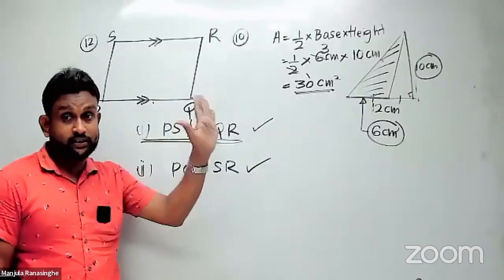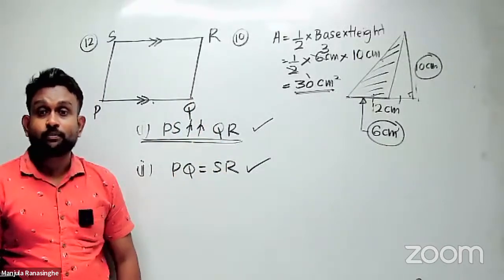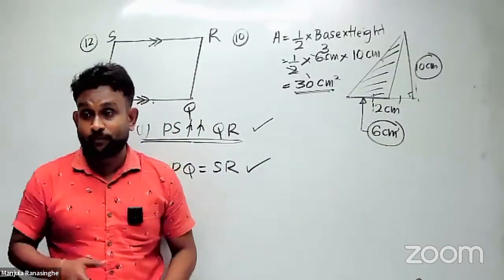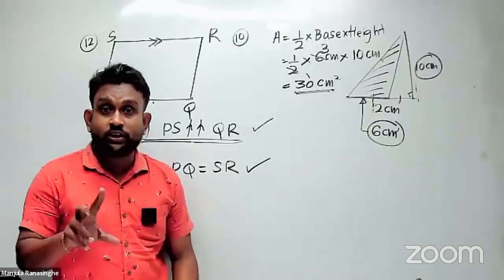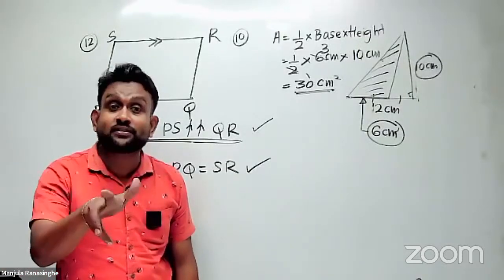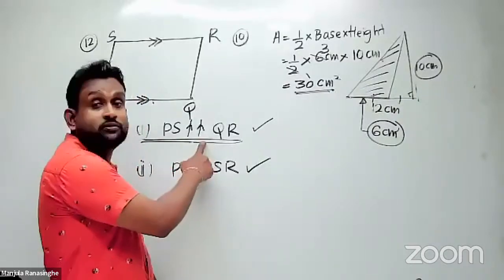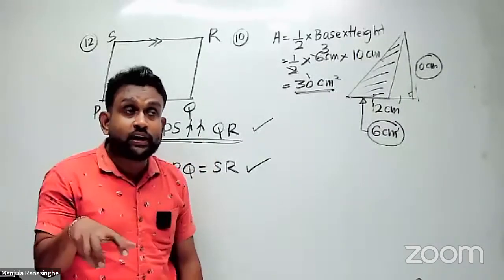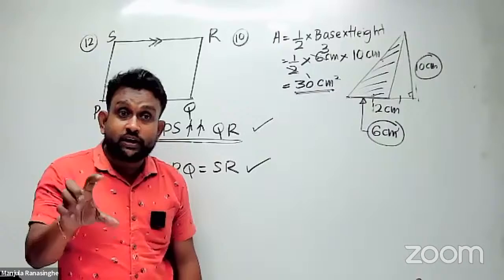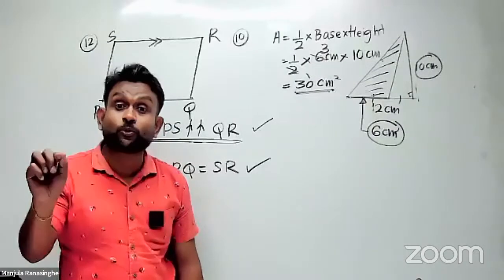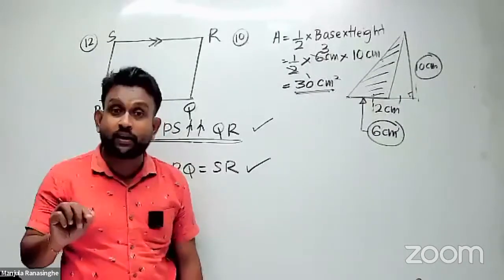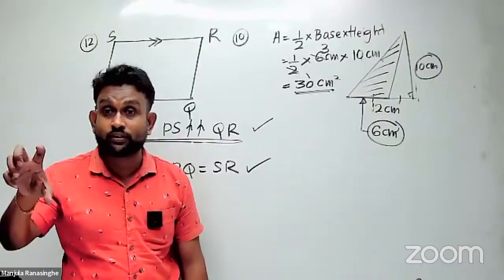This one is correct, this one is correct. What are the two conditions? Opposite sides are parallel. The other one: a quadrilateral becomes a parallelogram if one pair of sides is equal and parallel. Equal and parallel, you choose only one pair.